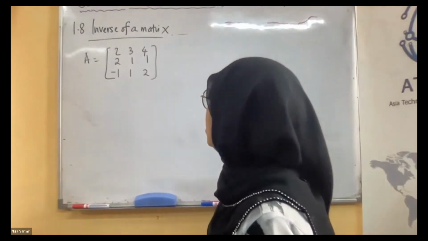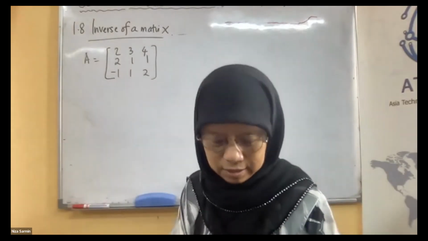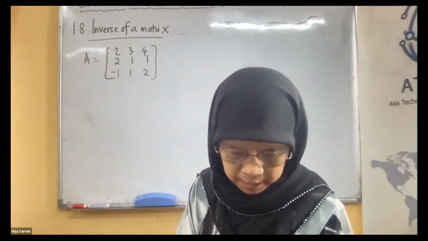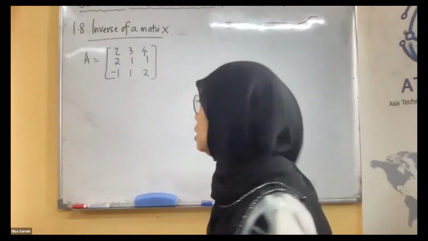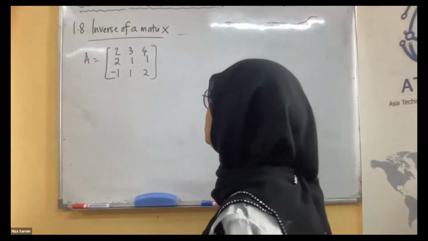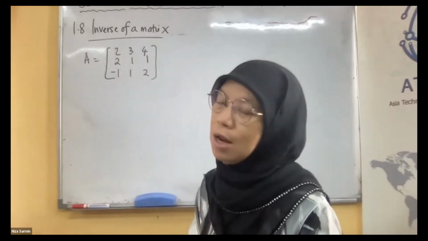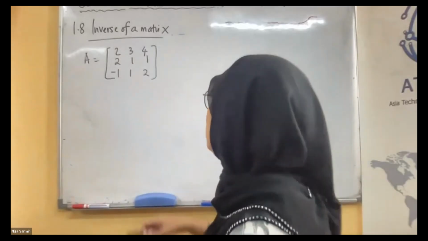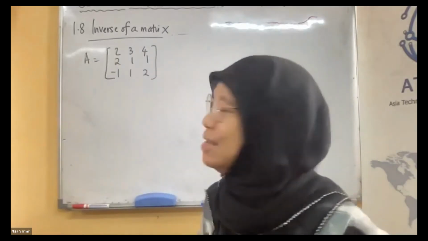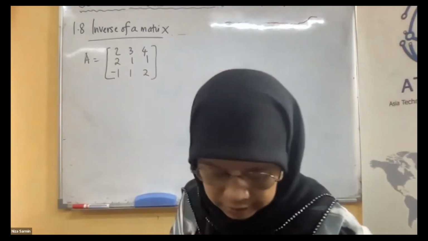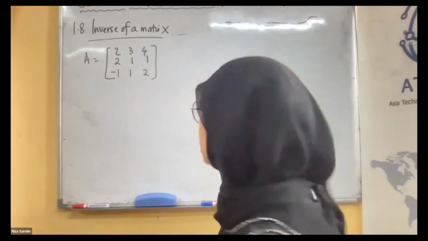Now you can use any method to find the determinant. In the notes, I said to expand along the first row, but you can use any method. If you really like row operations, you can also make some zeros. The determinant turns out to be -1.